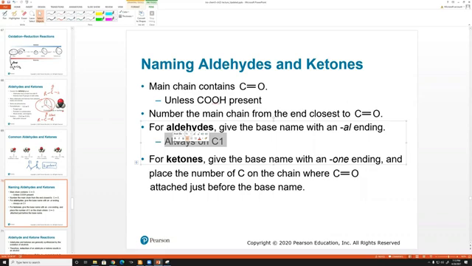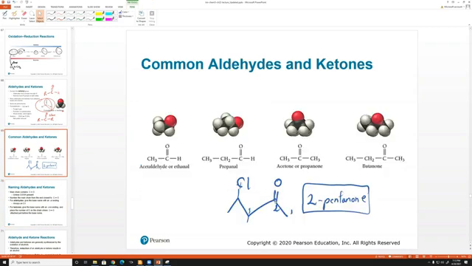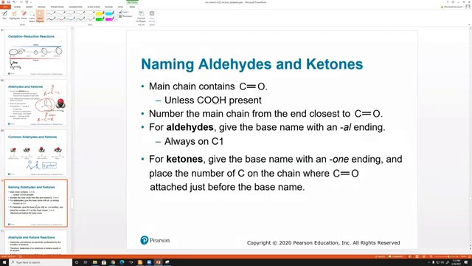So you have to name it from that side as carbon 1. For ketones, give the base name with an ONE ending and place the number of the carbon where the C double bond O is attached before the base name. Like we did before, carbon number 2 is where we have the ketone, so it would be 2-pentanone.